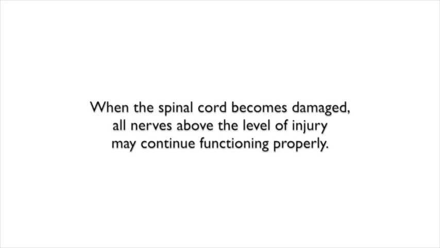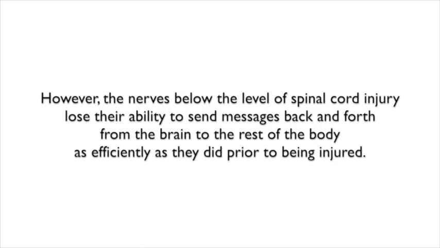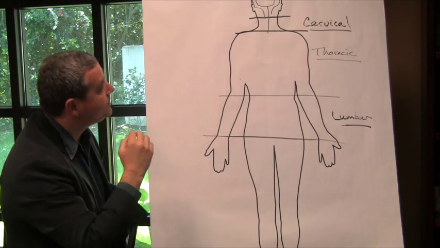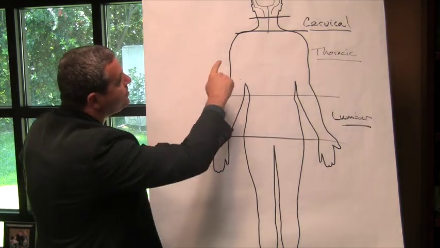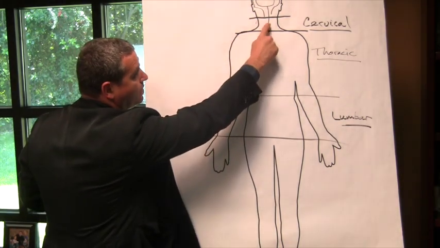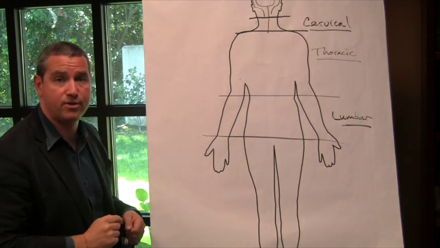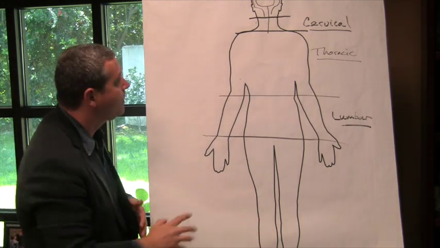And one thing we do know about the spine is that for the most part, information flows from that point of the spinal cord up to the brain. And so your arms, for the most part, are controlled by your cervical spine in your neck.